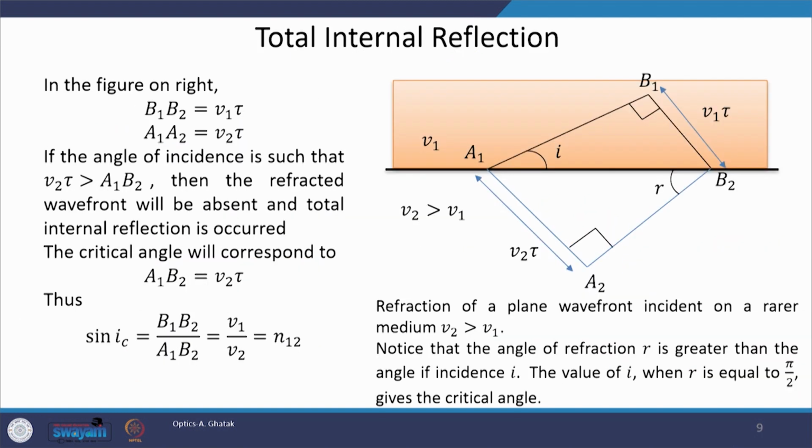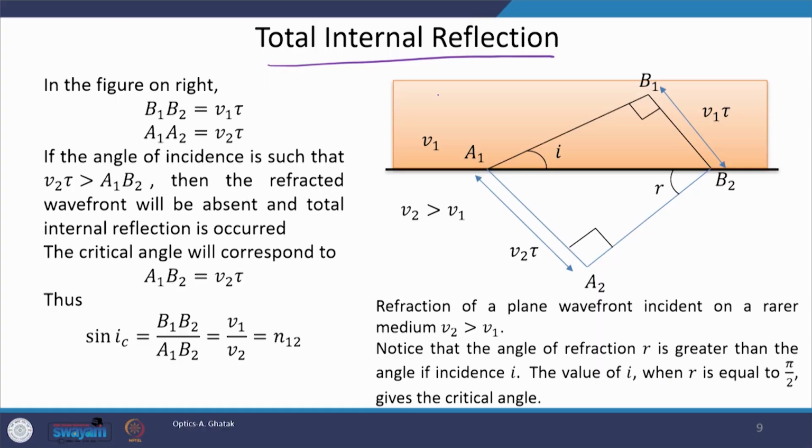What else is left? Total internal reflection. Now, let us try to understand total internal reflection using Huygens principle, using Huygens theory. Okay, in this case, we know that total internal reflection happens when light travels from a denser medium to a rarer medium.